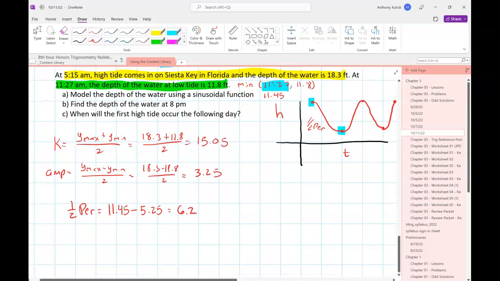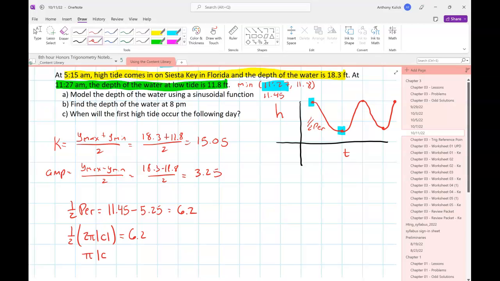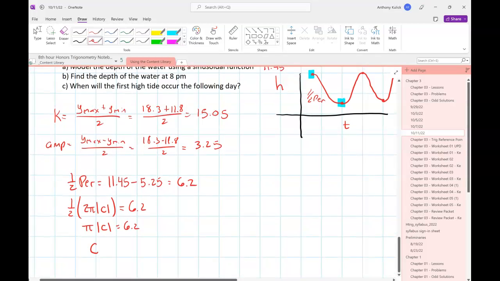Right? I know a period is 2 pi times the absolute value of c. I divide by pi, I get that c is 6.2 divided by pi, or negative 6.2 divided by pi, but shoot, we always take the positive one.